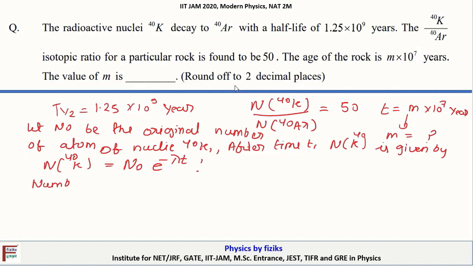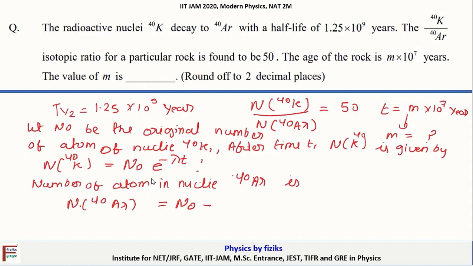The number of atoms of nuclei 40Ar is now N0 minus the number of 40K, that is, whatever has decayed.